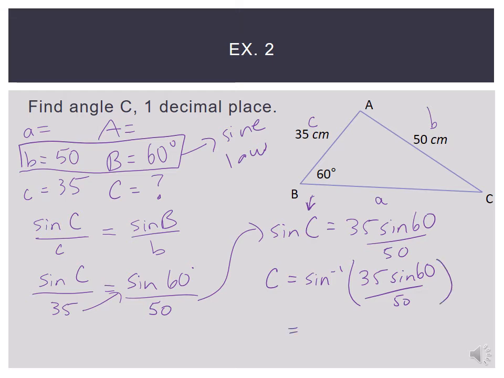You enter it just like that: shift, sine, open bracket, 35 sine 60 divided by 50, close bracket, hit equals. If we round to one decimal place, hopefully you got 37.3, and our units for angles are degrees.